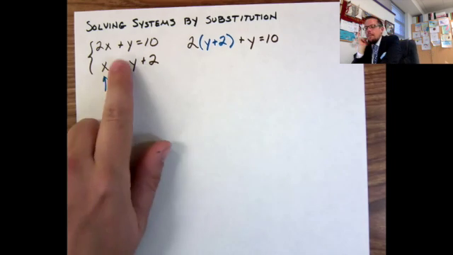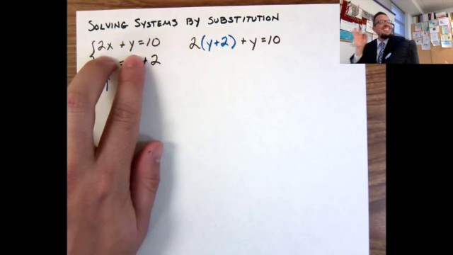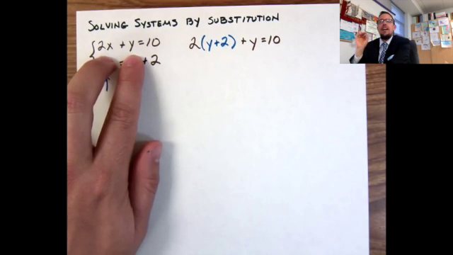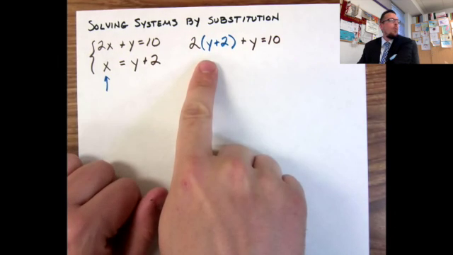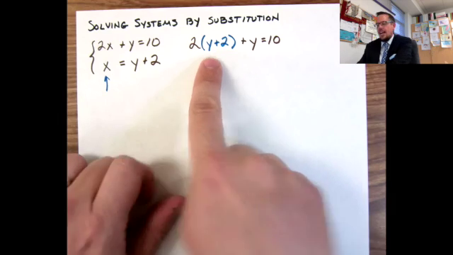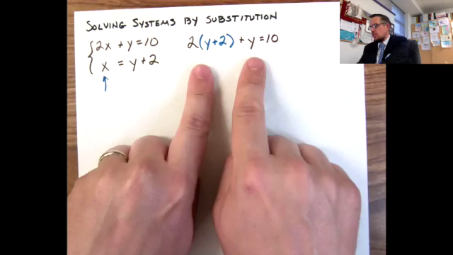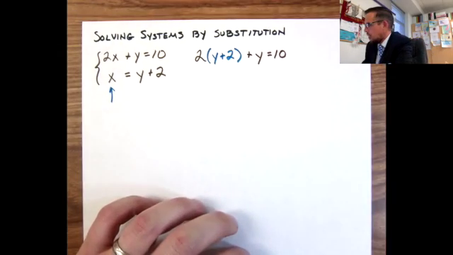Exactly. It is impossible for me to tell you in this equation, 2x plus y equals 10, the value of x or y. I can't solve an equation that has two variables in it. So what was my goal? Write an equation with only one variable in it. I replaced the x with something worse, yeah, but now look, I've only got y in here. Now I can solve this for y. It's going to take a little bit of algebra, but I can do it.